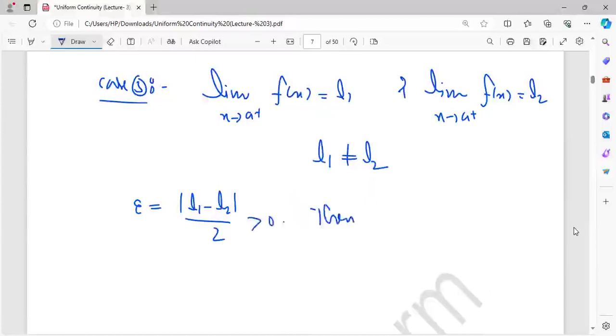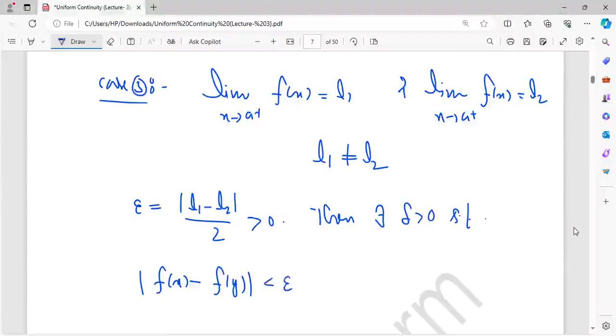Then there exists delta greater than 0 such that |f(x) minus f(y)| less than epsilon for all x, y belonging to I such that |x minus y| less than delta. Okay.